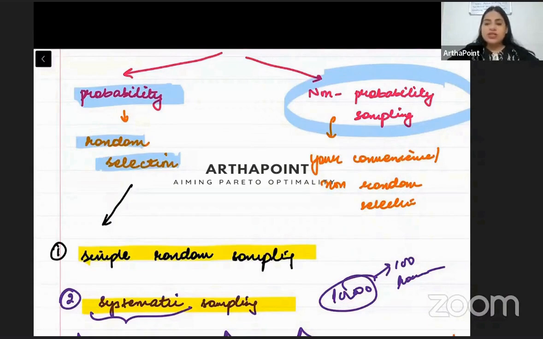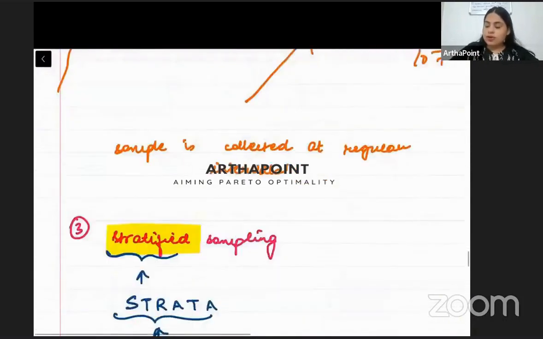You do not choose randomly. You follow non-randomness. Okay? So we want to understand what those non-random types can be. So please write down today's title, non-probability sampling.